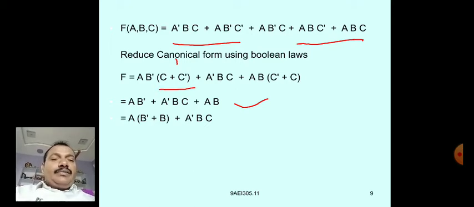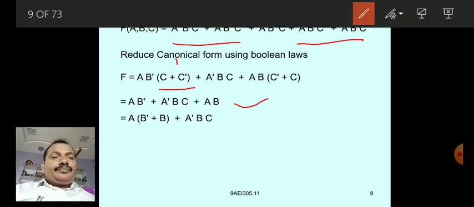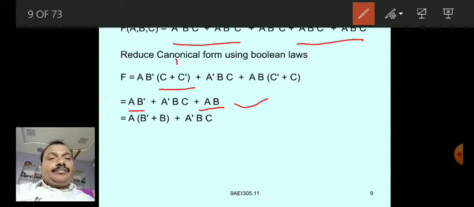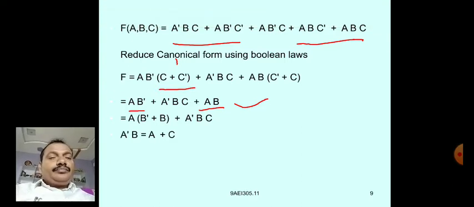And next, once again, if you observe the expression, from these two terms, if A is taken common, B bar plus B. So finally A plus A bar B C. And the next step also, by induction theorem, we will have the formula A plus BC finally.